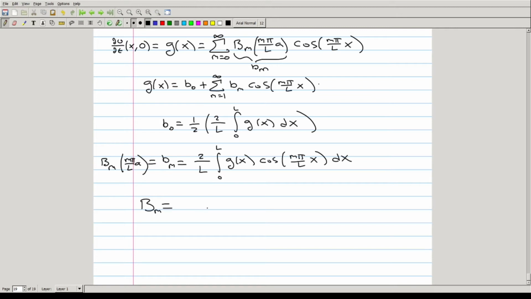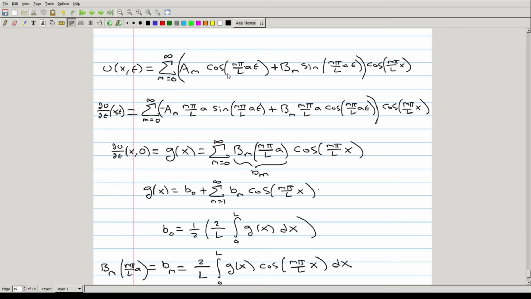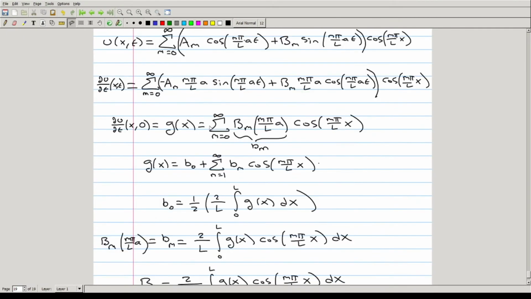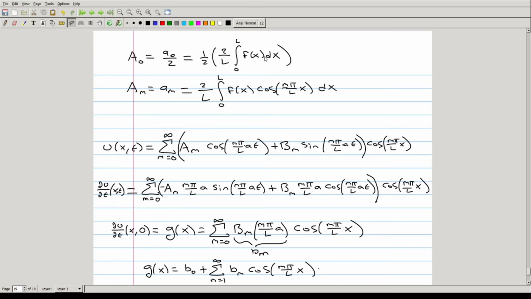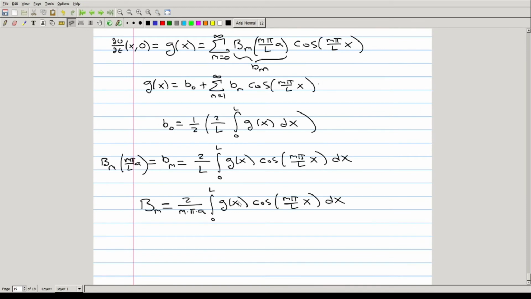So we get that BM is going to be equal to 2 over m times pi times a times this integral, and we have an exact way of going through and calculating these BMs in this infinite series expansion for our solution. You know that A naught is this integral, AM is this integral, and BM is this integral right here.